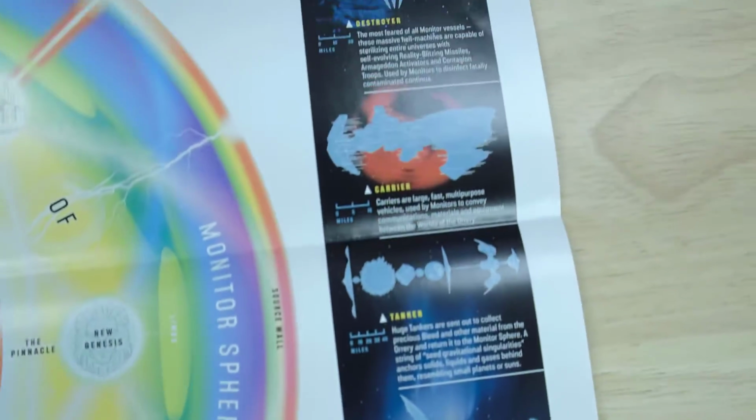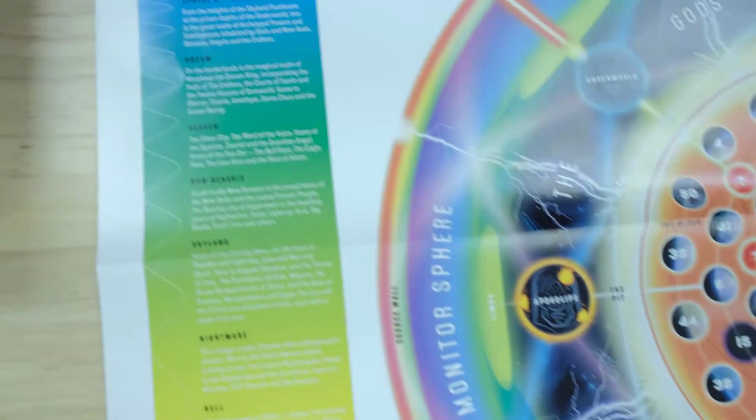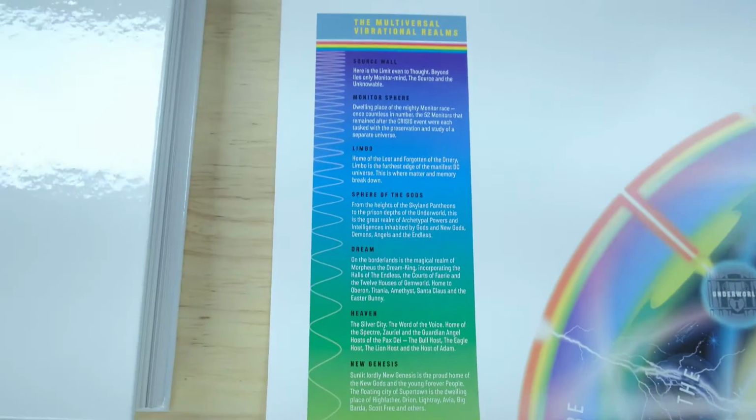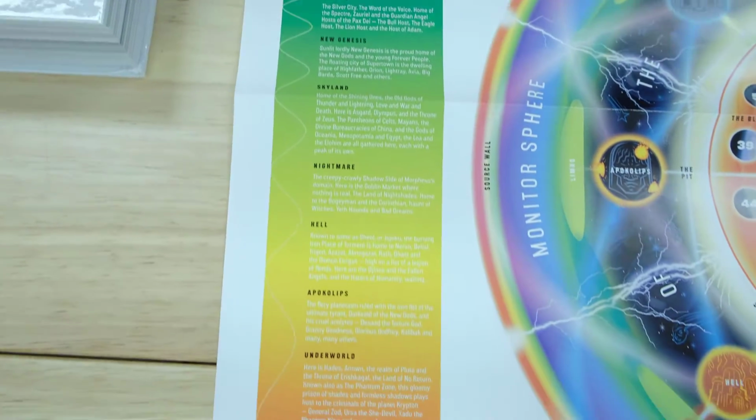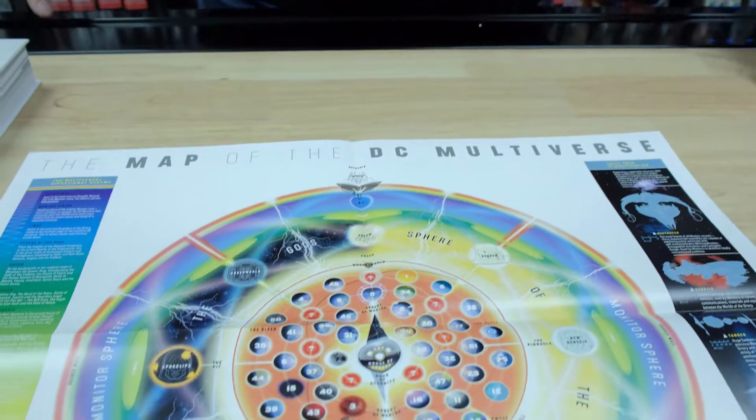If you know anything about the source wall, that's basically the edge of the entire multiverse. All the gods, like Thor and the Olympus gods, are in the outer sphere. Then you have the New Gods, Apocalypse, all of those in the outer sphere, and then the actual universes in the middle.